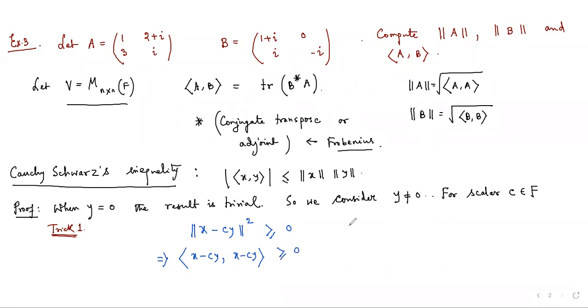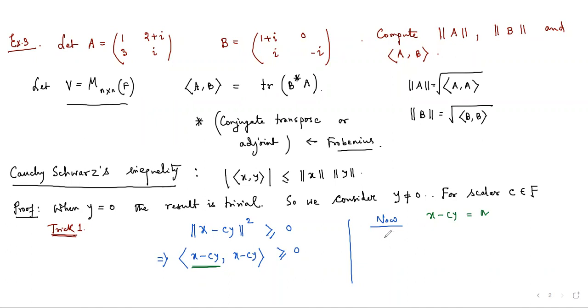Now, for the sake of our calculation, let us select x minus cy to be a. We will write this quantity as a for the sake of calculation. Just see what is happening.